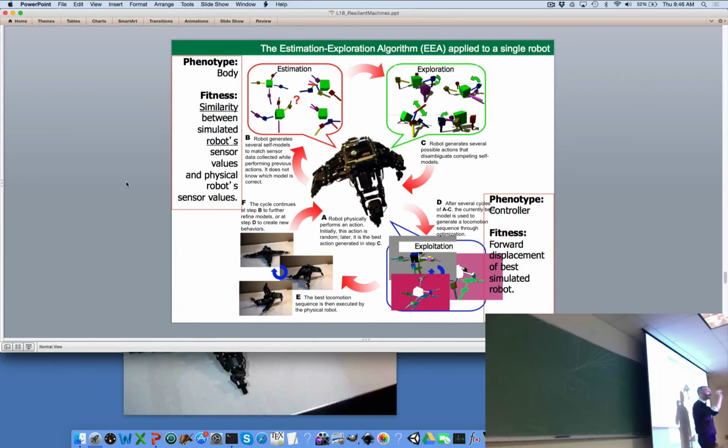How different the predictions of all the models are, right? That action, when supplied to all the models, gets the models to say, we're going to tilt this way. No, no, no, we're going to tilt this way, right? You're evolving actions that maximize the variance in the predictions of the models. Run this for 20 generations, whatever action you found by that point, send it to the physical robot.